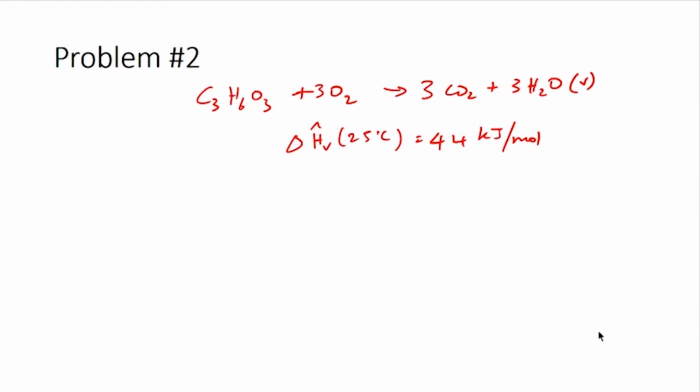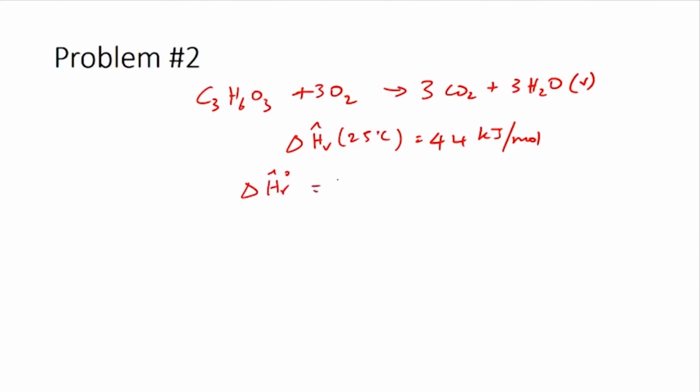The heat of reaction is defined as the enthalpy of products minus the enthalpy of reactants. Here the enthalpy of products has actually increased because of the heat of vaporization. So, we will be adding this heat of vaporization times the number of moles of water being vaporized to the heat of reaction to get the actual heat of reaction for this process.